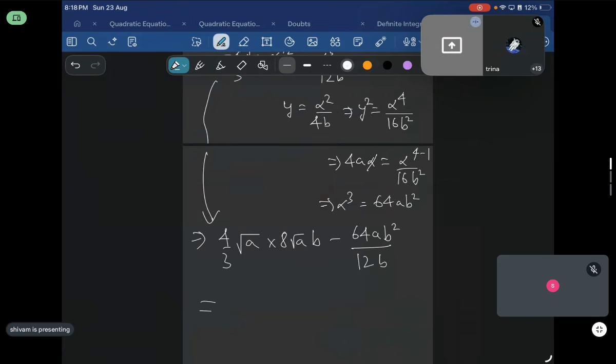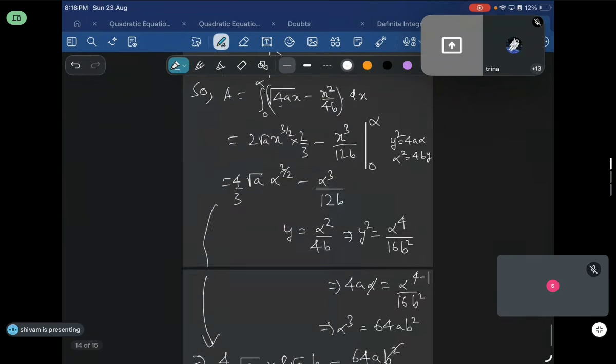Let us simplify. So 4 8s are 32, 32 by 3 ab minus, b and b get cancelled. 64 by 12 will give us 16 by 3. So I'm getting 16 ab by 3. Did you people understand the proof?